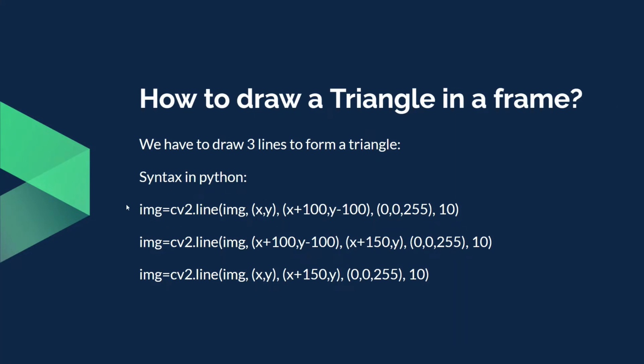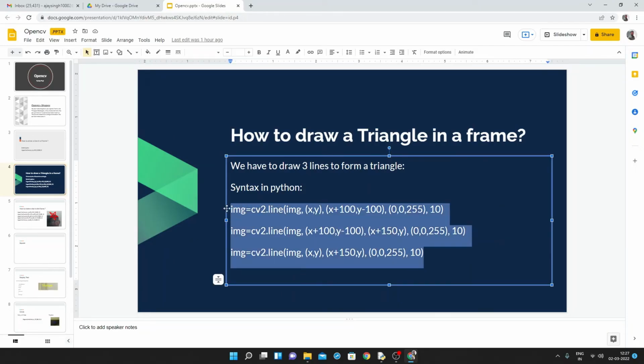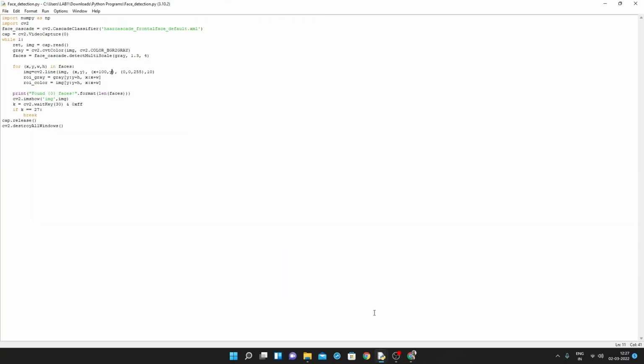I'm just going to copy this code, Control C, go to the code I have, and paste it, Control V. Make sure that it is in the same line so that you don't get any error.